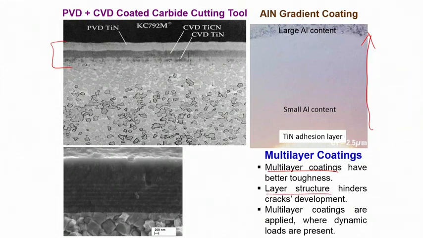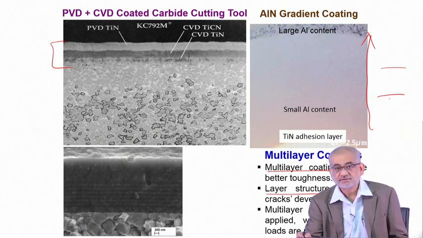And these kind of layered structures are very important, because if you make a very thick coating of a particular very high modulus material, then there is a greater chance of spallation or decohesion, because at the interface the mismatch is very large.